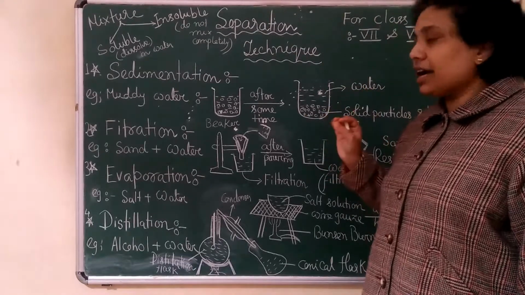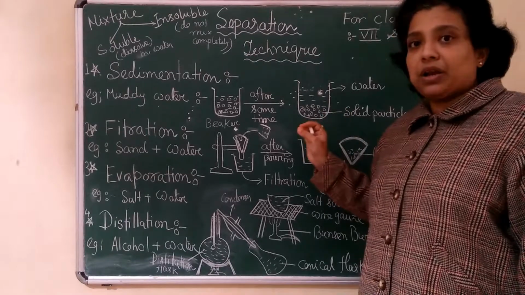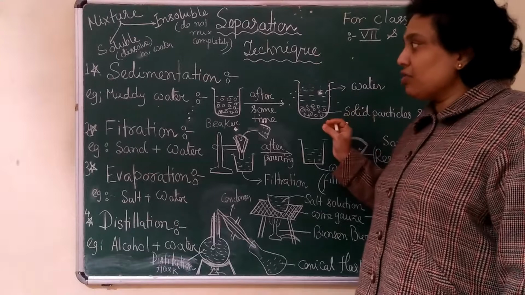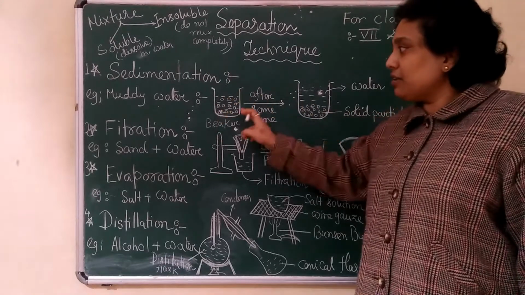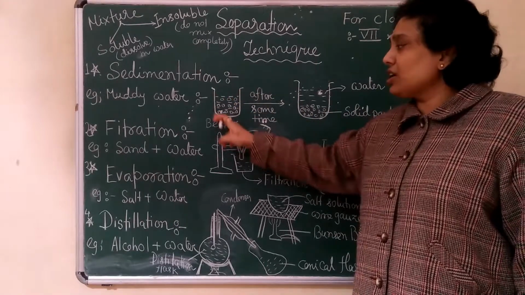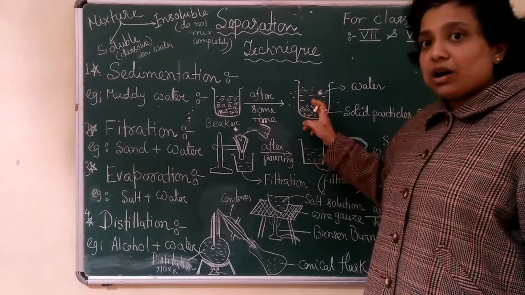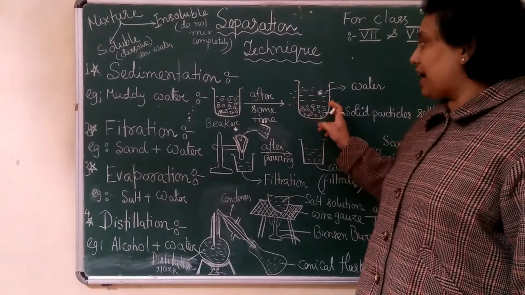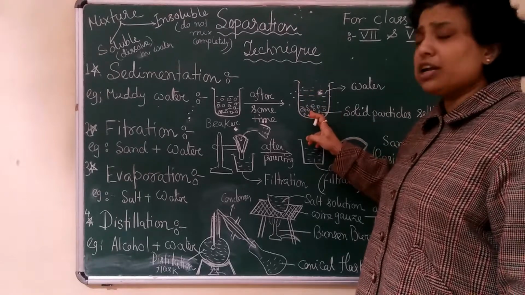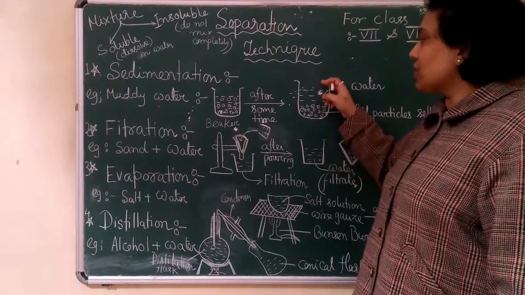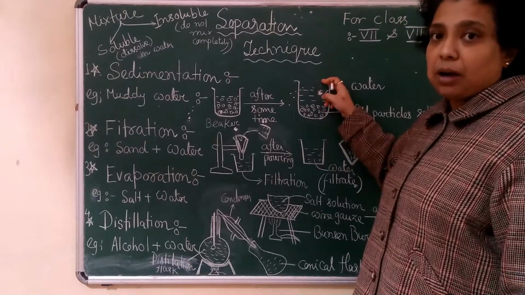First point. Second point, take an example. For example, muddy water. You take muddy water in a beaker, and after some time, what will we observe? We observe that the solid particles settle down at the bottom, and the water remains in the upper layer.